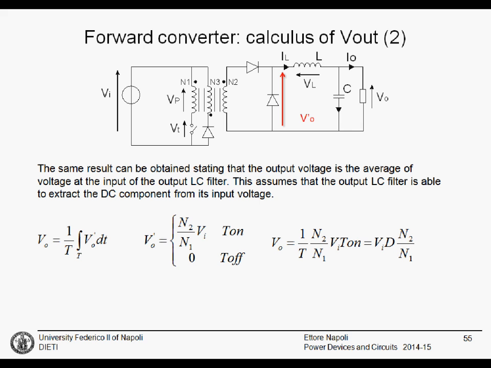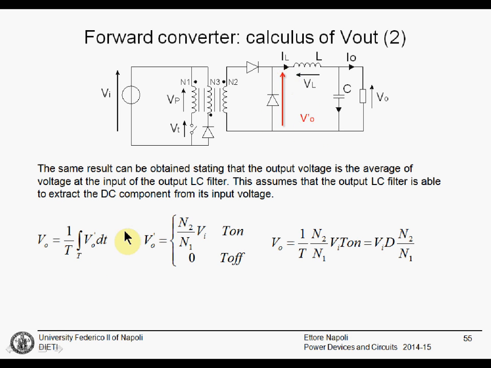In a similar way, we can get the same result, stating, similar to what has been done for the step-down converter, that the output LC tank behaves like a filter that extracts the DC component from the input voltage, that is Vo first here.